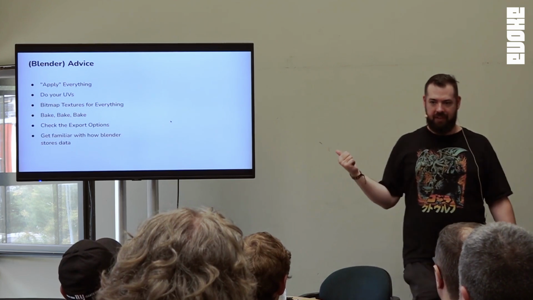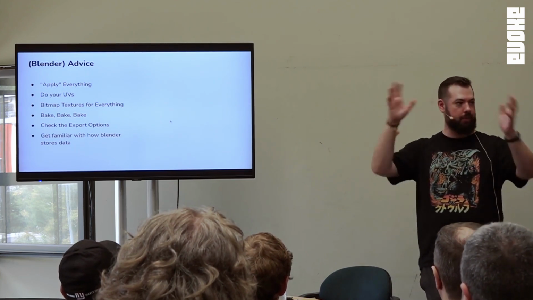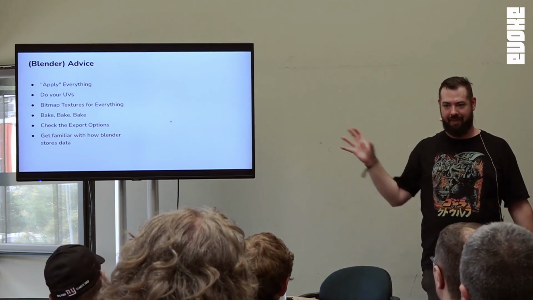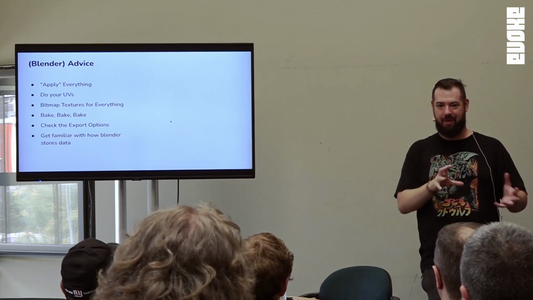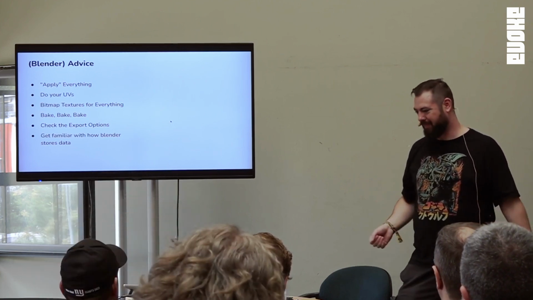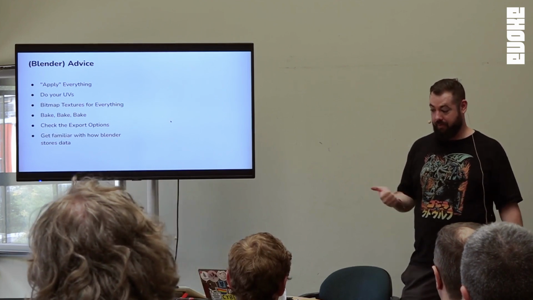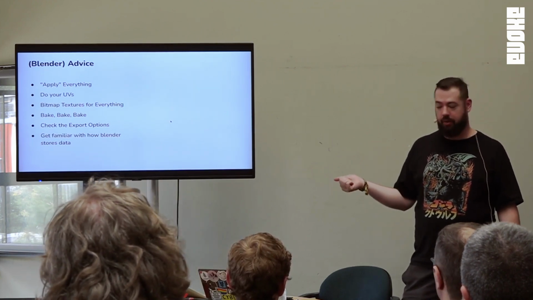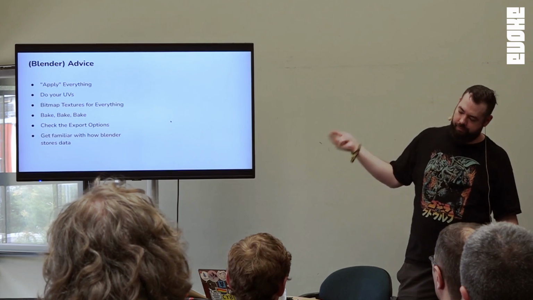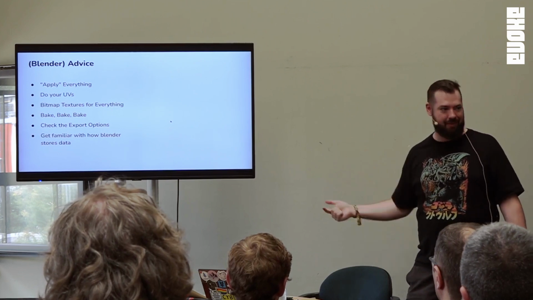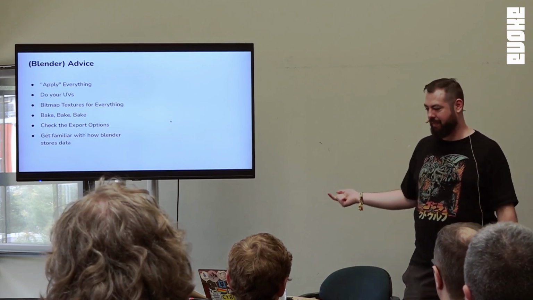Everything should have UVs. This doesn't mean it needs to be beautiful UV maps or something like that, but everything should point somewhere in your UV space. Everything should have bitmap textures. And learning to bake, getting a good add-on really, really helps.